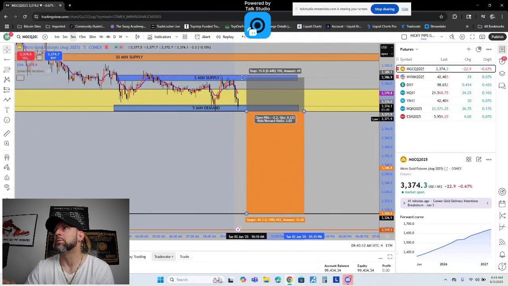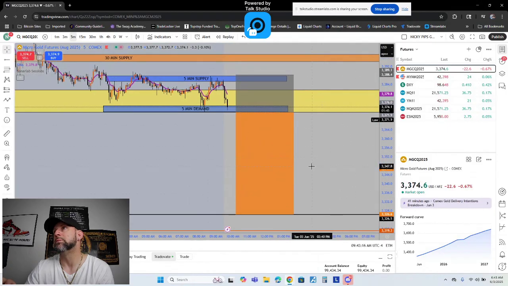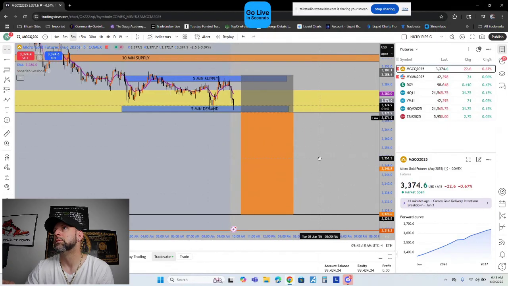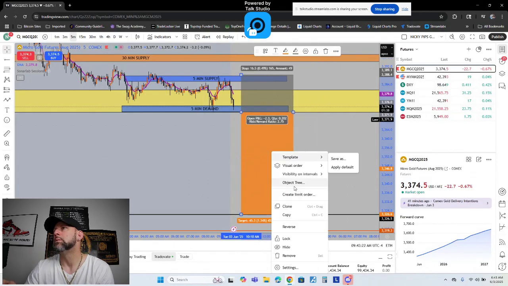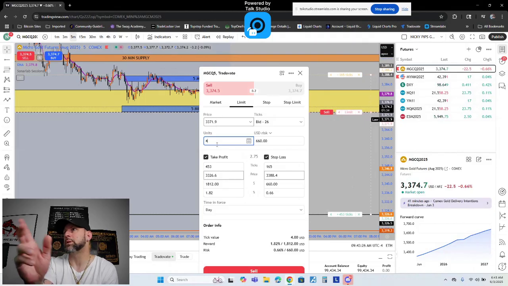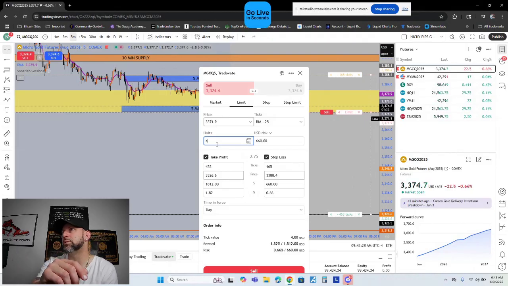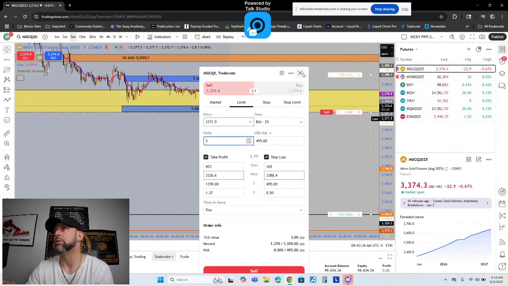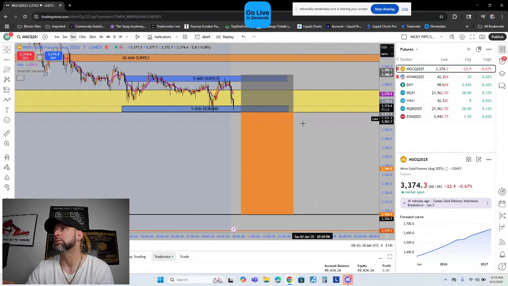Even if I went all the way up here, that still would be a 1 to 2, which wouldn't be bad. If I took 4 contracts, it'd be $1,812 with a risk of 660. I don't want to risk more than 500, so I'll probably only do three contracts.